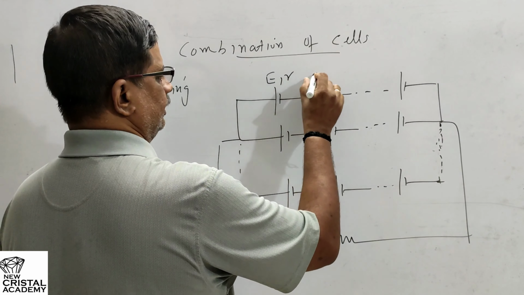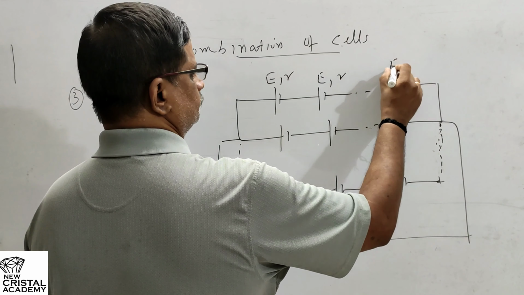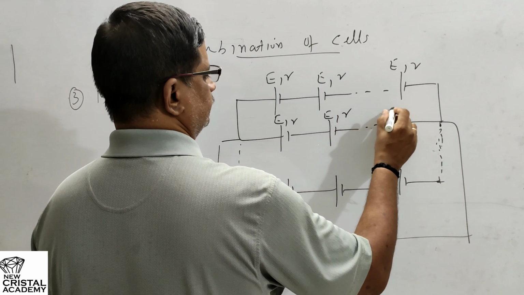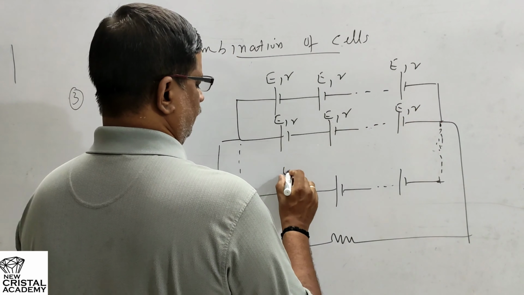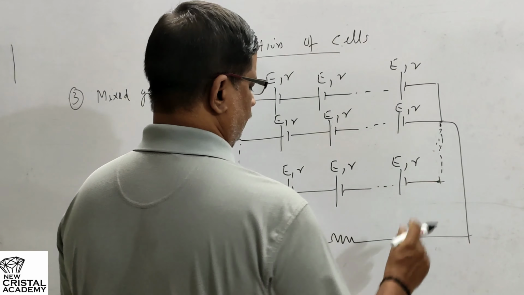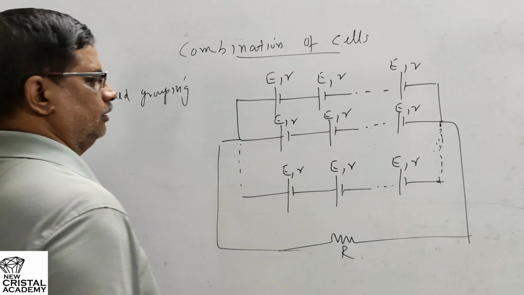All the cells are identical. So there are n such cells in a single row, and as I told you, there are m such rows in parallel. So this is external resistance R.